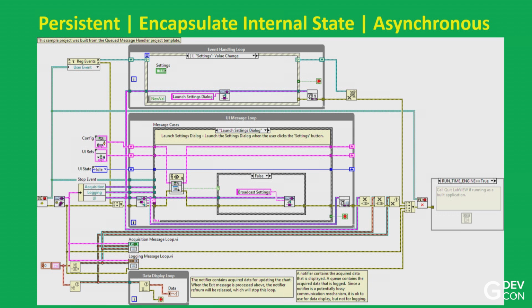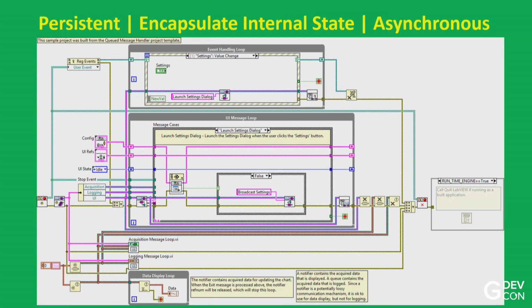This is unlike, let's say, a thread model, where a thread only exists when you're using it. We're encapsulating internal state. Well, there's 2 things here. Let's take this message handling loop. The different states here are represented by the case structure, and also data can be sent around the different states in our case structure by the use of these shift registers on the side.